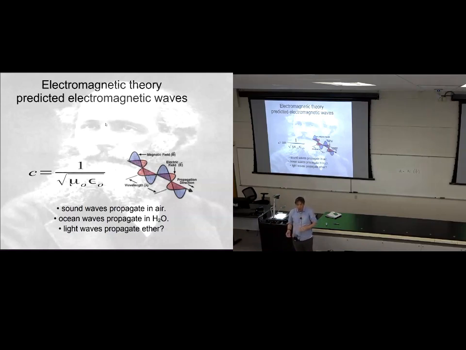So, as air was to sound, the medium that supported sound waves, and water was to ocean and river waves, water was supporting the ocean or the river waves, ether, this strange material, was what supports light waves. That was the basic idea, the important idea.